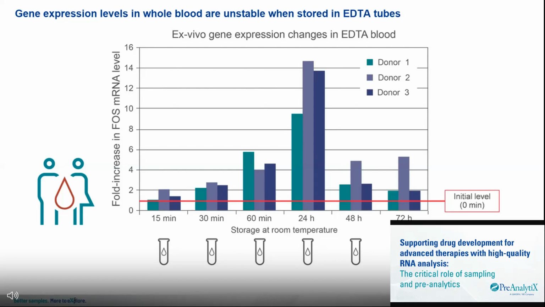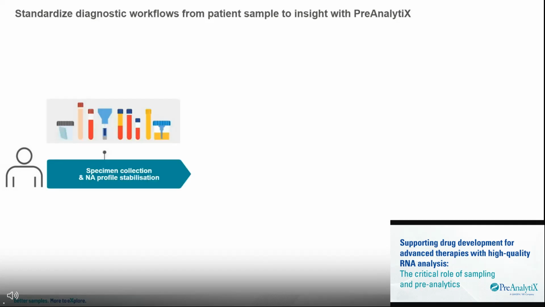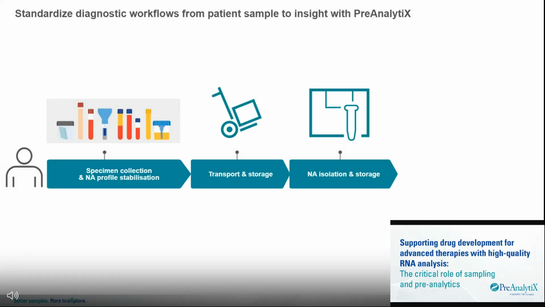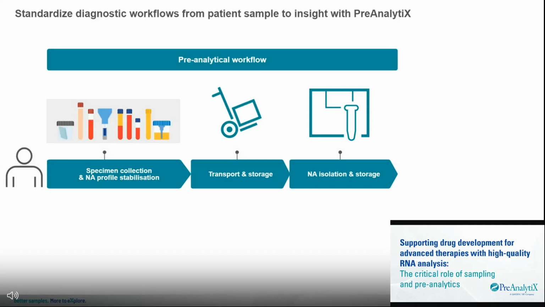But let's come to the overview of the entire workflow of gene expression analysis from blood. So it starts with the donor or the patient. It continues with the specimen collection and nucleic acid profile stabilization, followed by transport and storage, and the nucleic acid isolation and storage procedure itself. And this forms the pre-analytical workflow.